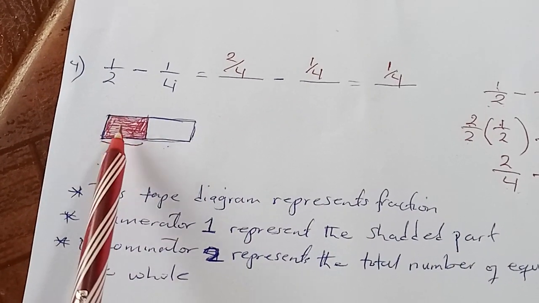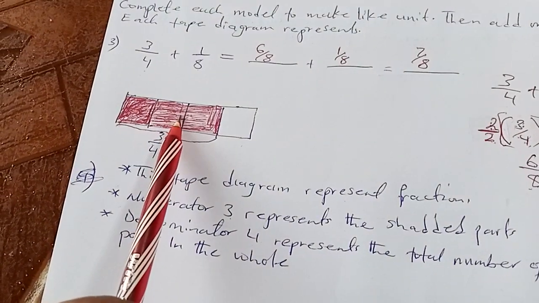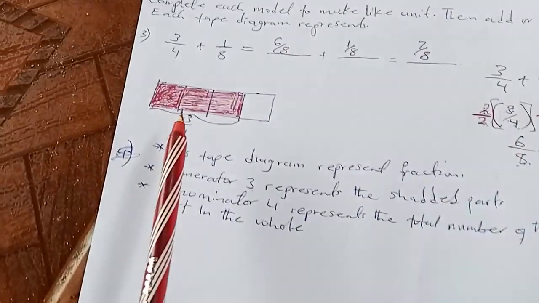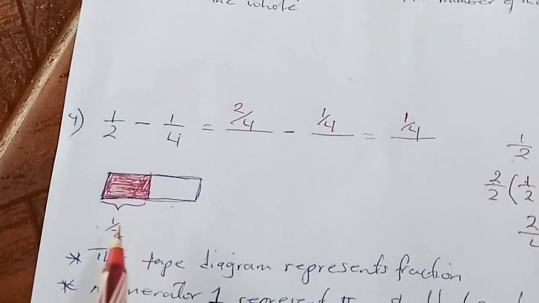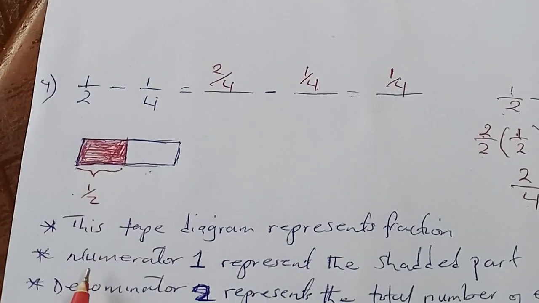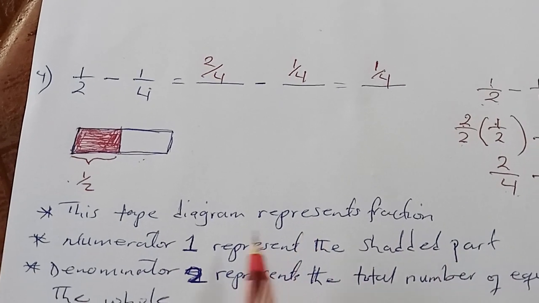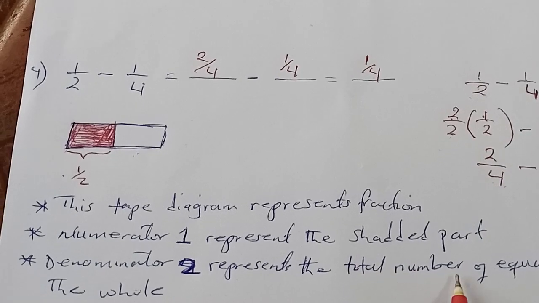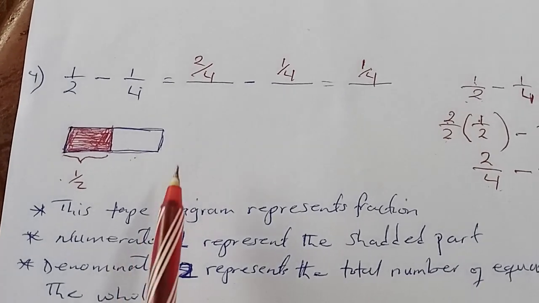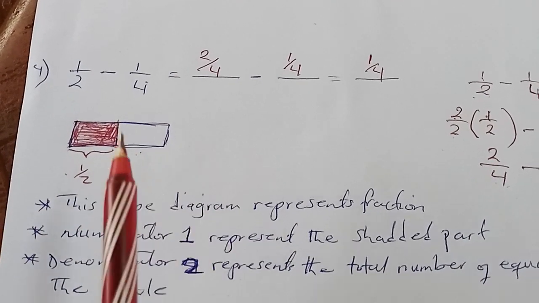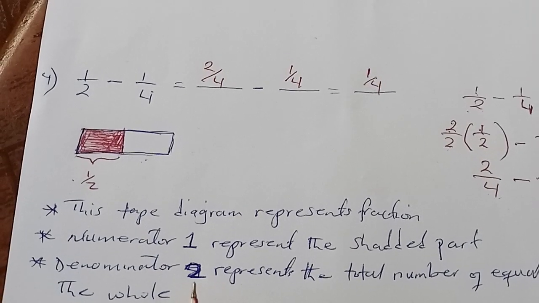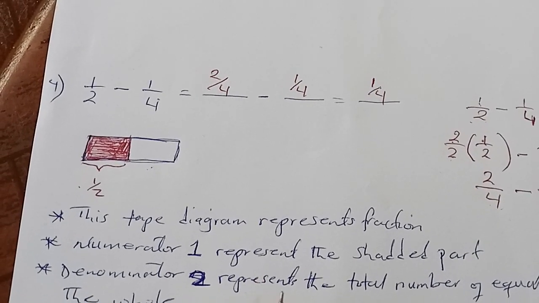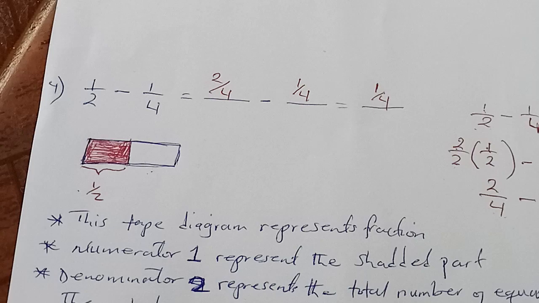We have one shaded part, unlike the earlier one where the numerator was 3. The denominator 2 represents the total number of equal parts in the whole, the entire diagram. This is the precise representation of this diagram.